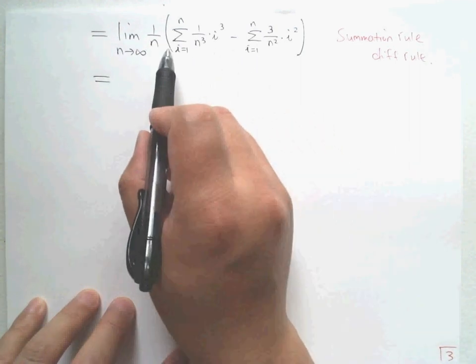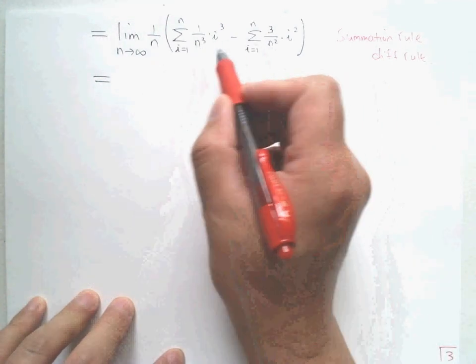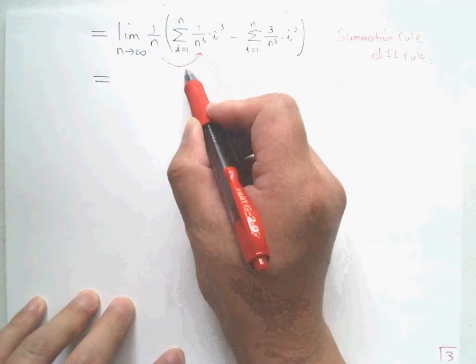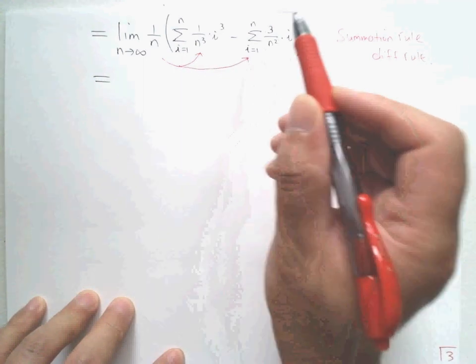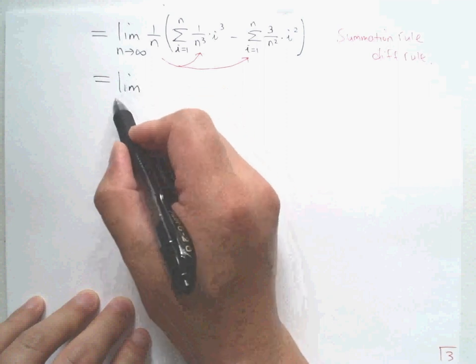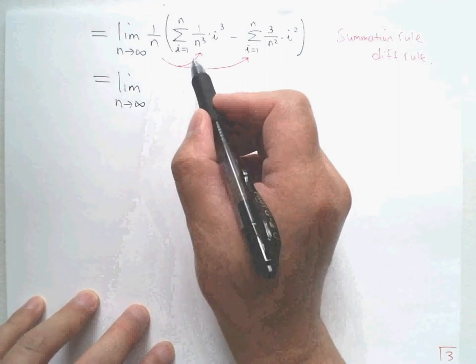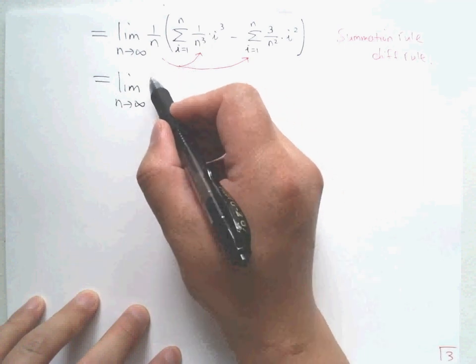Now how to do it? Okay, so we can distribute it, right? This is a number, this is the difference. We can distribute this, distribute that. So we have the limit as n approaches infinity. The first term should be like this.